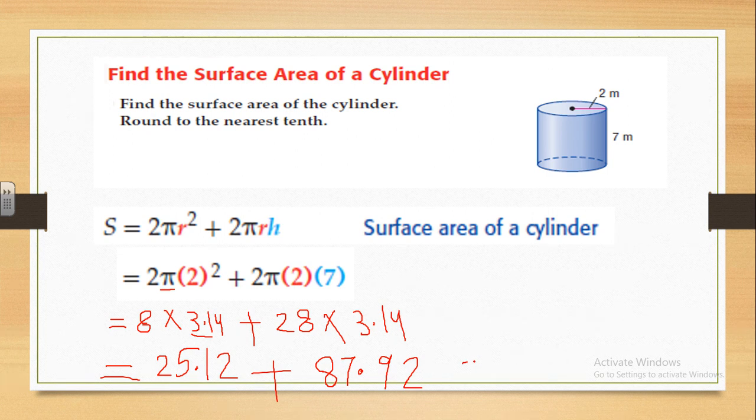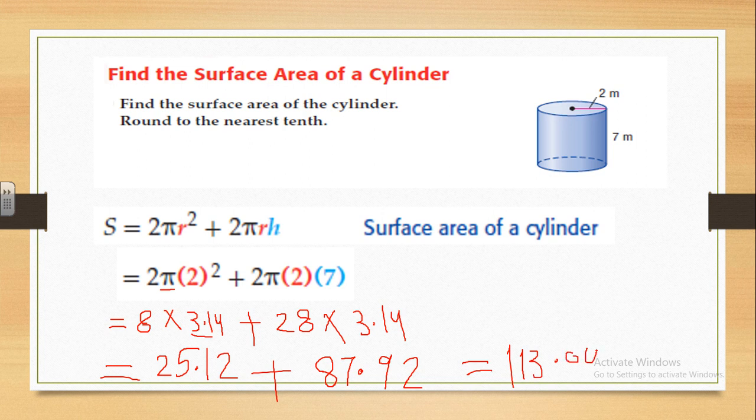Okay, now we need to do the plus to find the surface area of the cylinder. And that's equal to what, my dears? That will be 113.04, right?